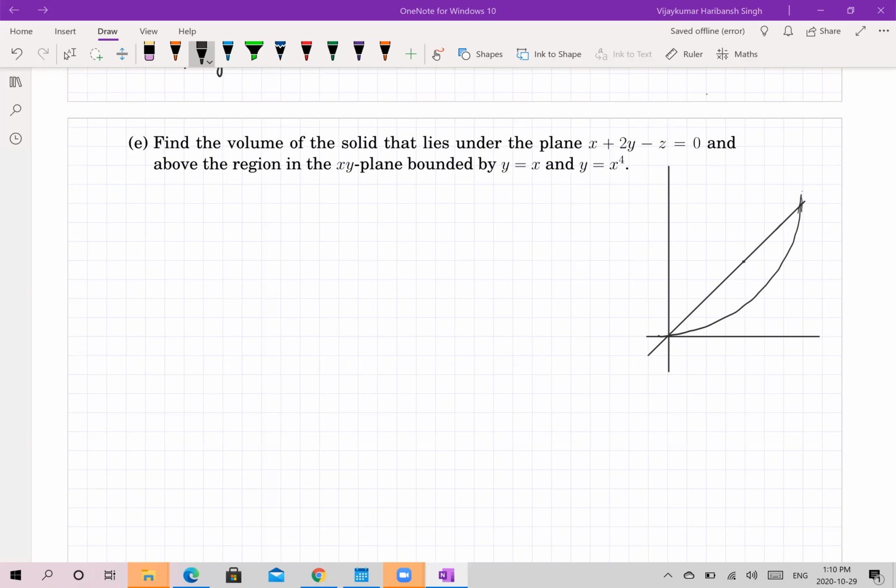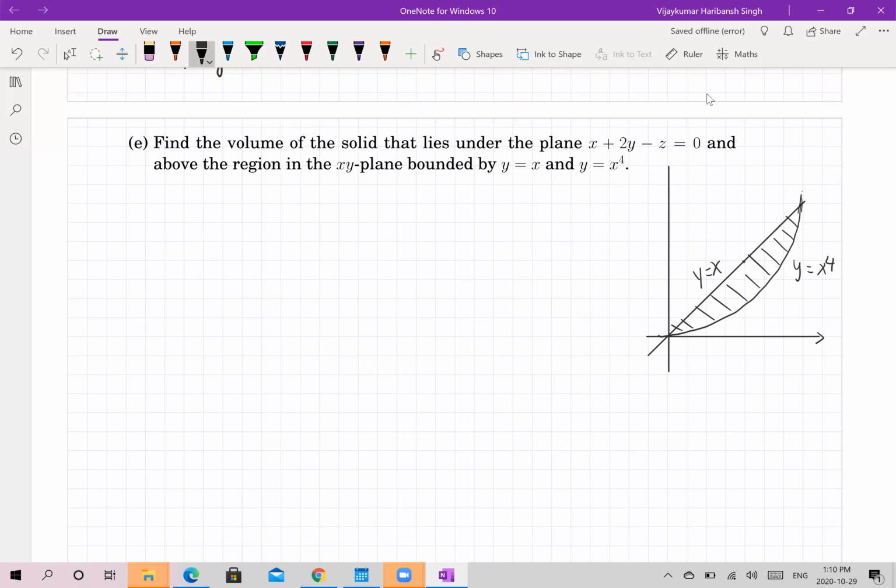This is my region D, which is bounded by y equals x, and then y equals x to the power 4. Note that for x between 0 and 1, the higher powers give you lesser value. So this is how your region D will look.